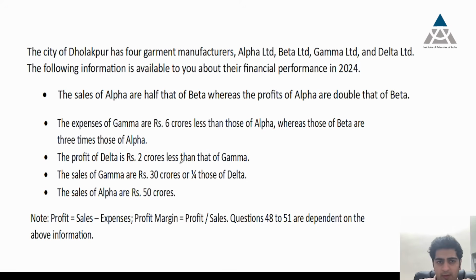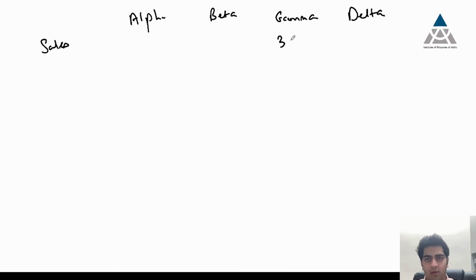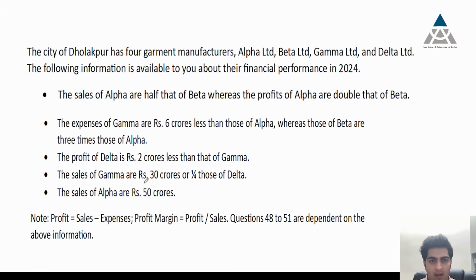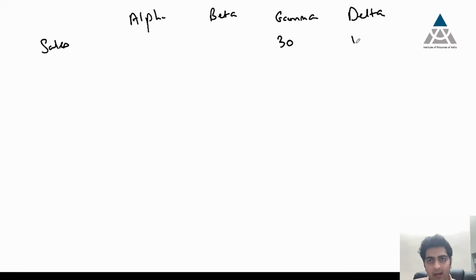Okay, this is about expenses, this is about profit. Yes, sales of Gamma are 30 crores, so that's good. Or 1/4 those of Delta, which means indirectly they have given Delta sales also here. Gamma sales are 30 crores, which is 1/4 of Delta, which means Delta is 4 times that of Gamma, and that is 120 crores, correct?